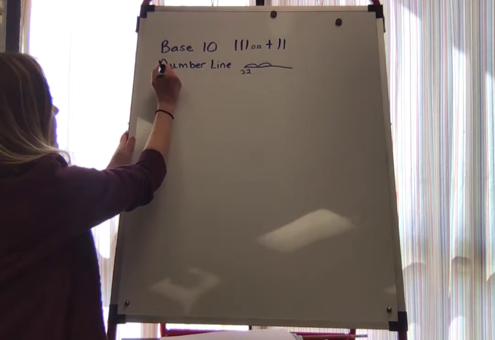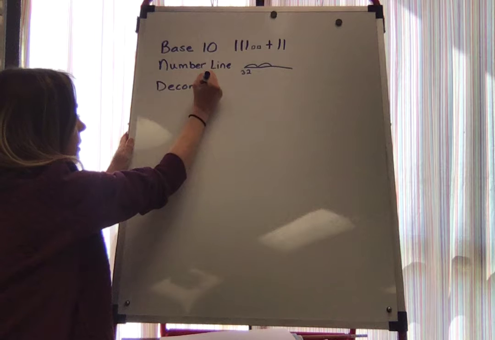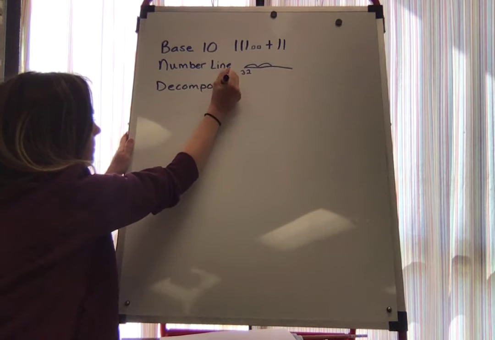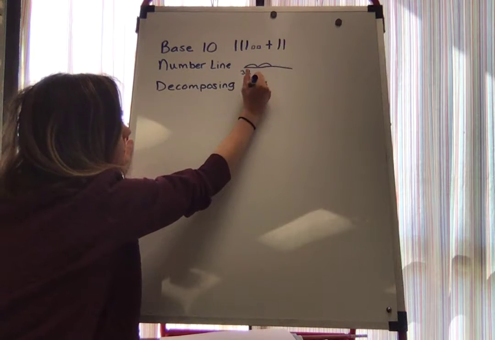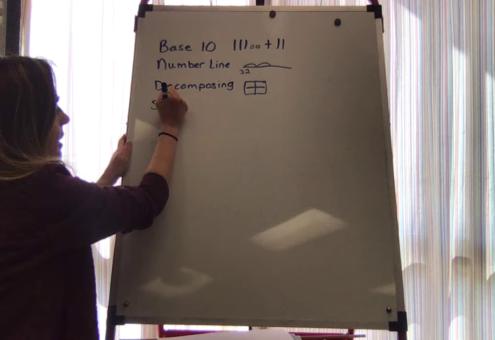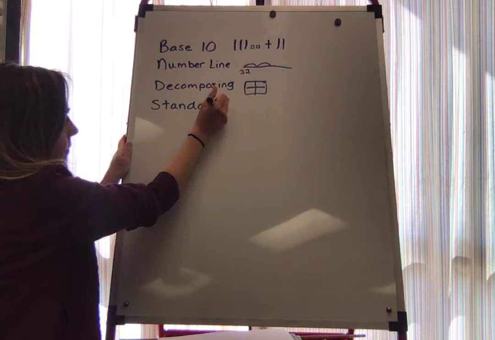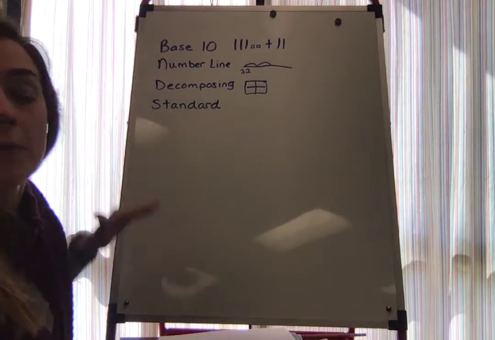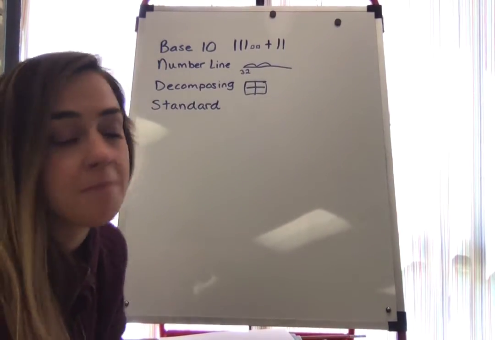We talked about decomposing. And we talked about standard algorithm, and I'm just going to write standard. These were the 4 ways that we said that you could solve an addition problem.